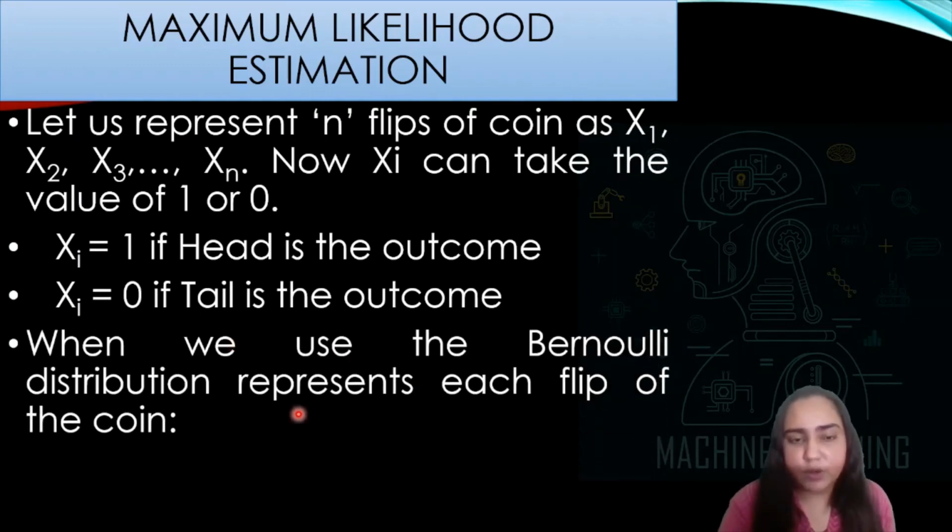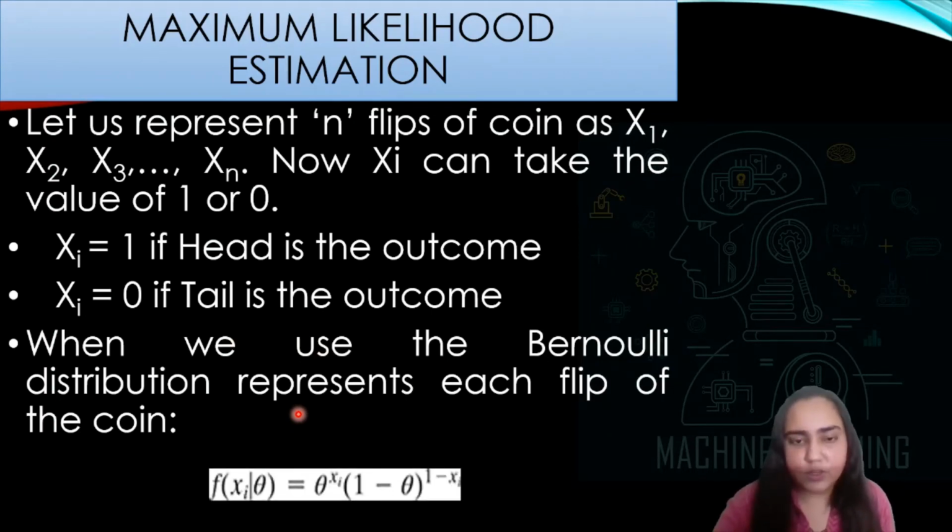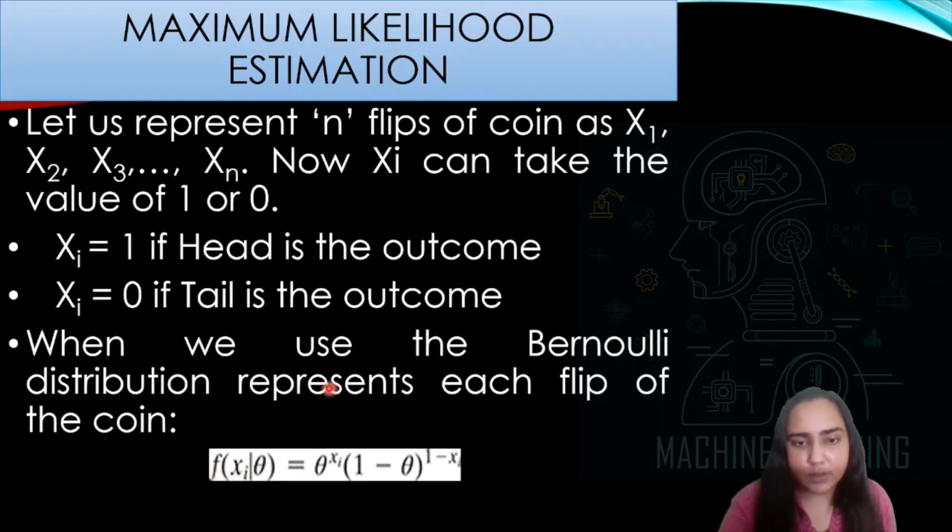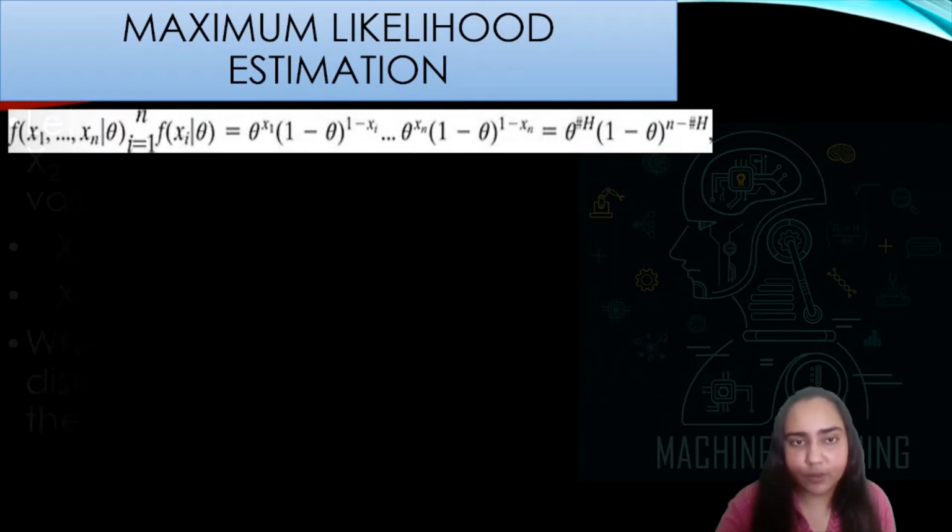When we use the Bernoulli distribution, because we have one trial, two outcomes, each coin flip can be represented like this, right? So you have f of xi given theta is equal to theta raised to xi into 1 minus theta raised to 1 minus xi, where theta is the probability. We know this very well from the Bernoulli distribution, which we studied before.